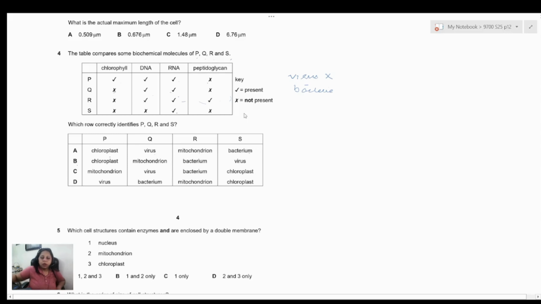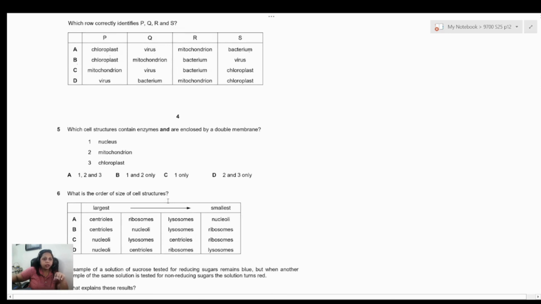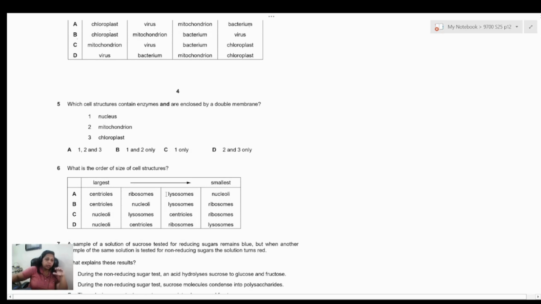The next question says: which cell structures contain enzymes and are enclosed by a double membrane? We are very well aware of what a double membrane is. The first thing we usually read in cellular respiration is that there is an inner membrane on which particles are present which help in aerobic respiration.